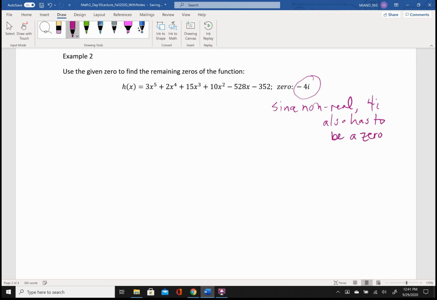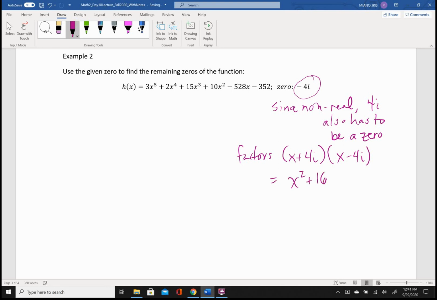So what is the factor associated with this 0 right here? So factors that we know have to be included in this polynomial function is x plus 4i. That'll get us this 0 right here. And then also x minus 4i. We'll multiply these together, and you will get x squared plus 16, right?